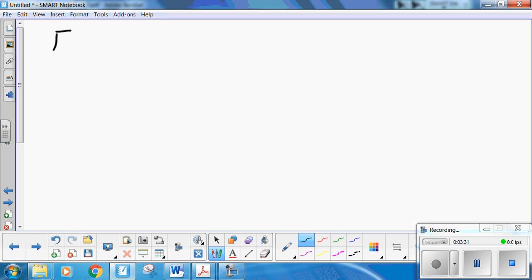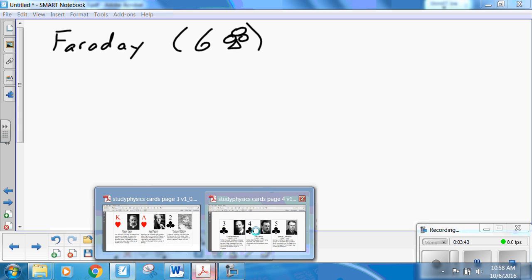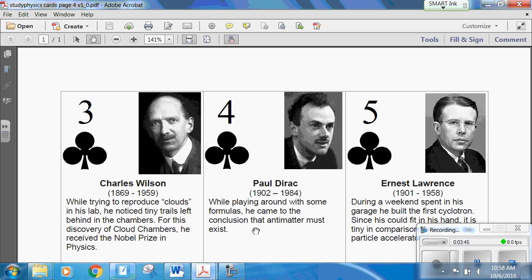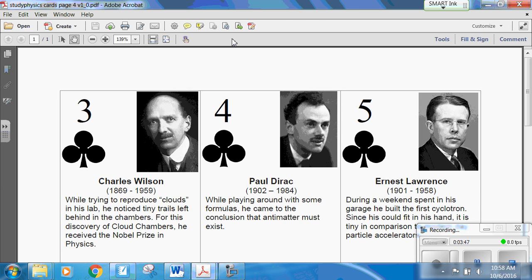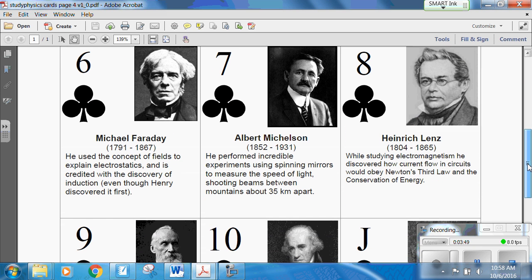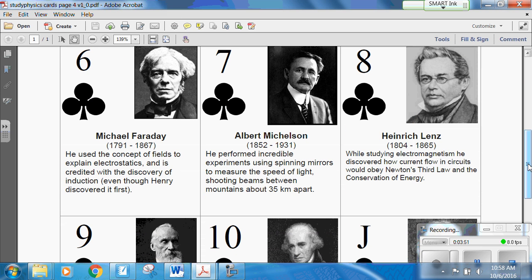Faraday, or Michael Faraday, six of clubs. So pull out your cards again. Six of clubs. Michael Faraday, 1791 to 1867. He used the concept of fields to explain electrostatics and is credited with the discovery of induction. Even though Henry Cavendish discovered it first, he got credit for it.